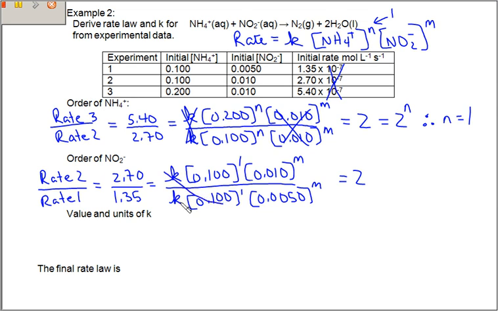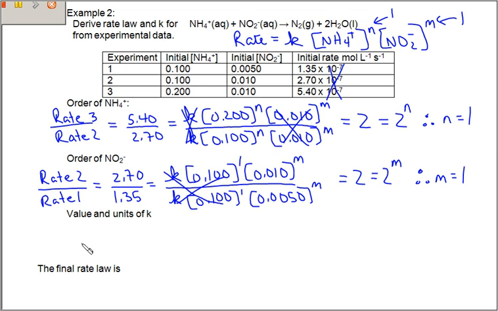These cancel out, so we have 0.01 divided by 0.005, which is also 2. Therefore, M equals 1. Now we're going to find the value and the units of K.